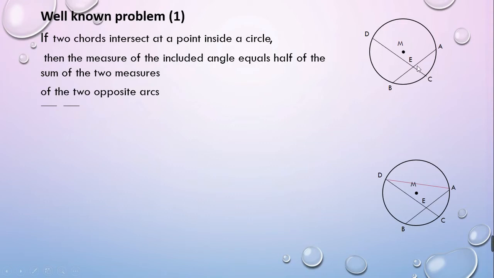So the angle AEC equals half the sum of the two opposite arcs AC and BD.